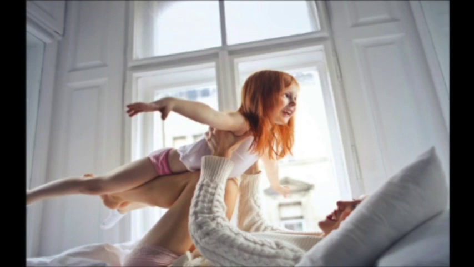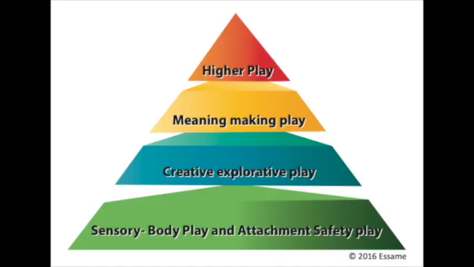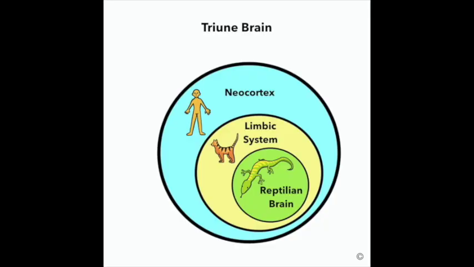This is sensory body play and attachment safety play. As soon as the child gets scared, the parent should be able to register it in the eyes and keep them safe. We must never scare a child through play, because that will, if you saw my early webinar about the neurobiology of play, push them back into their reptilian brain of fight, flight, freeze.